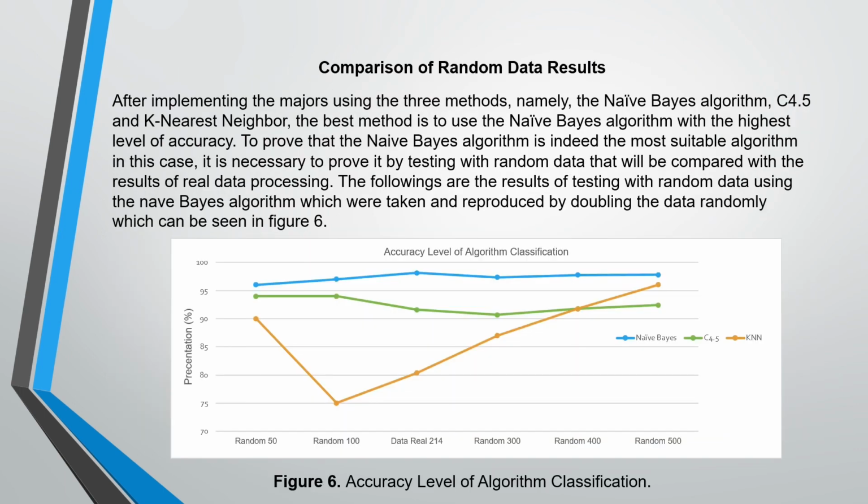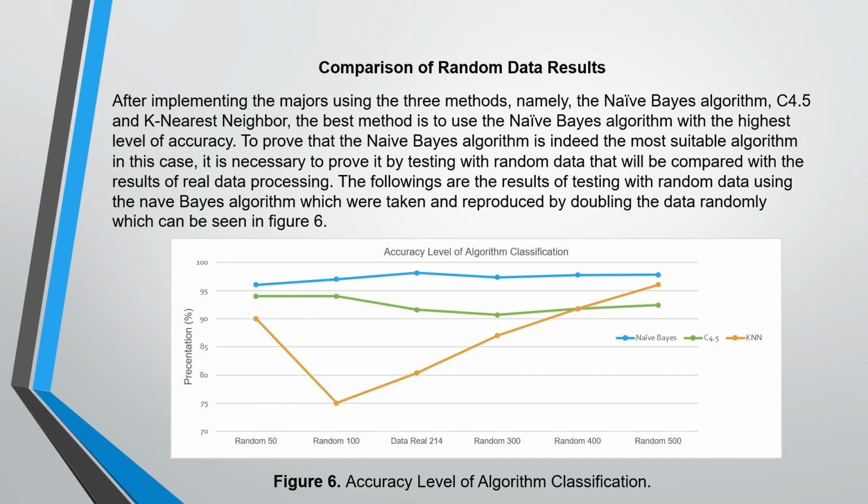After implementing the measures using the three methods, namely the Naive Bayes algorithm, C4.5, and the K-Nearest Neighbor, the best method is the Naive Bayes algorithm with the highest level of accuracy. To prove that the Naive Bayes algorithm is indeed the most suitable algorithm in this case, it is necessary to prove it by testing with random data that will be compared with the result of real data processing.